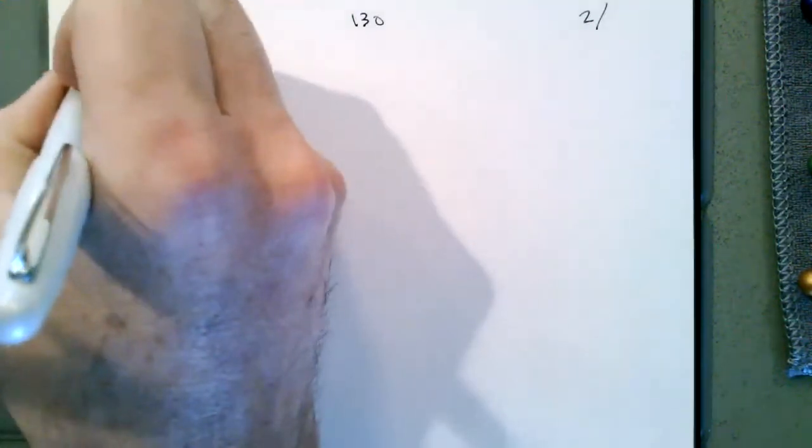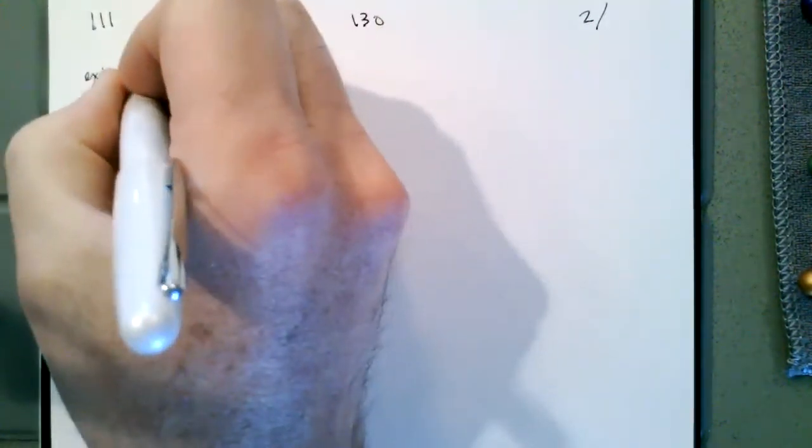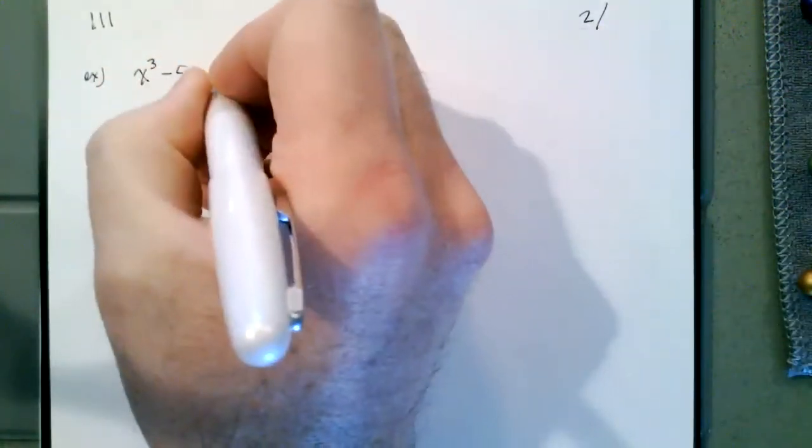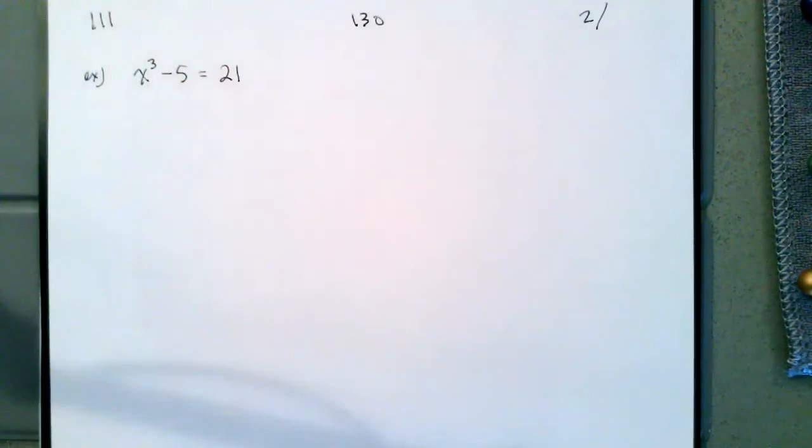So let's look at an equation that has more than one operation. Let's suppose I have x cubed minus 5 is equal to 21. Let's look at the things that happened to x. How did x become 21 in the story of this equation?